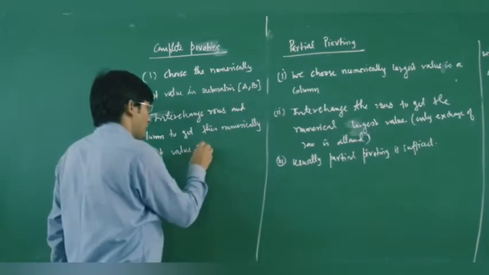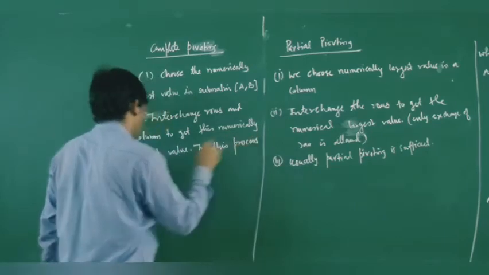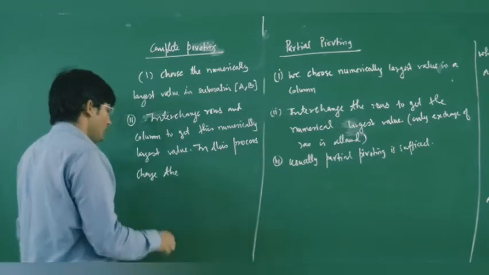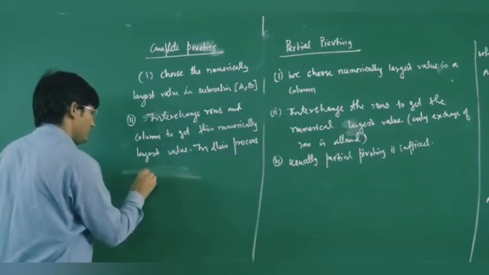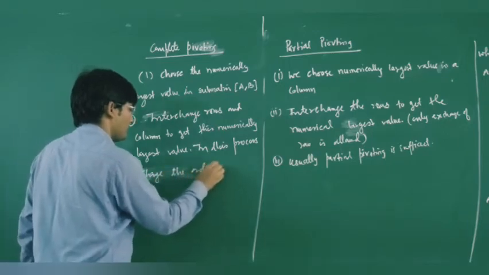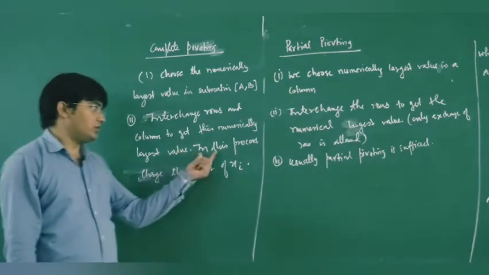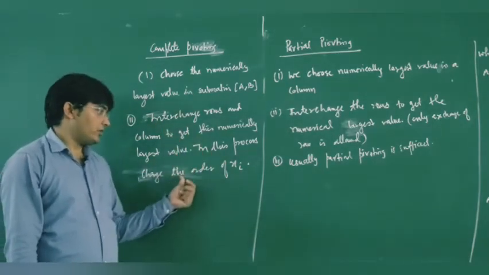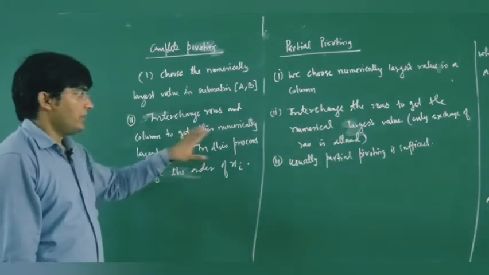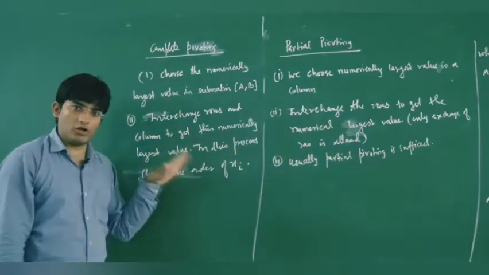So in this process we will change the order of xi. After getting the solution we will change the order of xi, as we have changed our columns here. In partial pivoting we changed our rows only, but here we are changing our rows and columns.